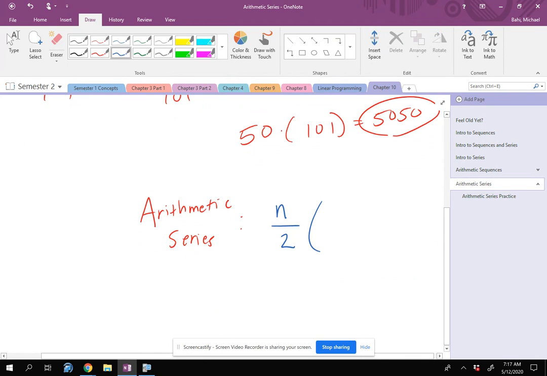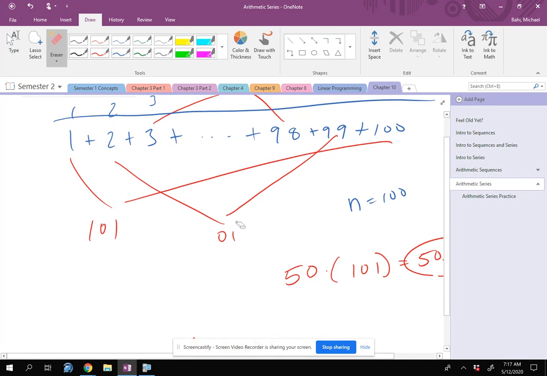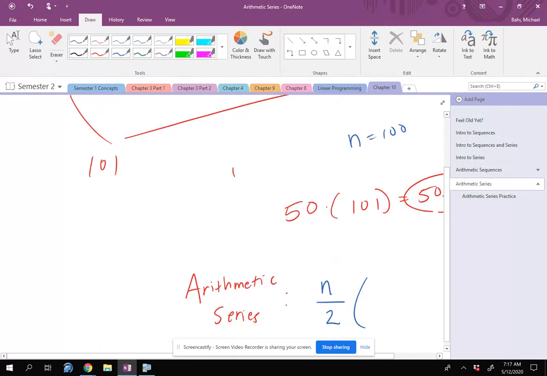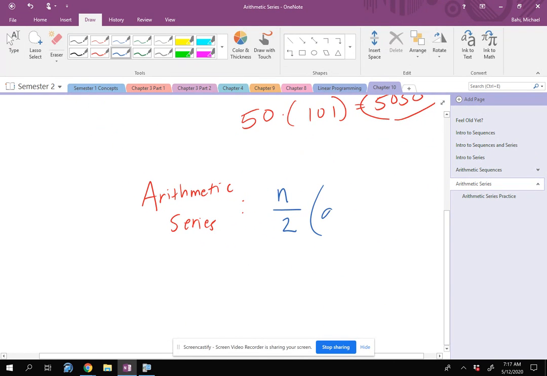And how do we get 101? Well, in this example, the first thing we did was add the first number to the last number. So if you take a sub 1 and add it to a sub n, whatever the sum of this is, there should be n over 2 sums equivalent to that.